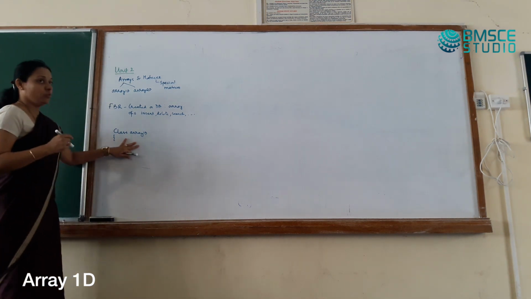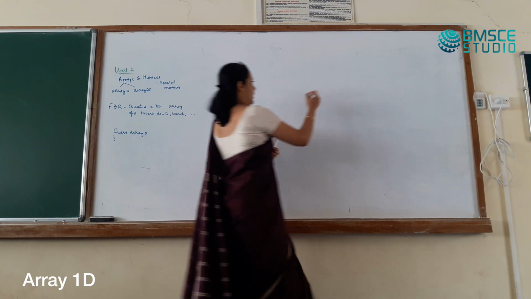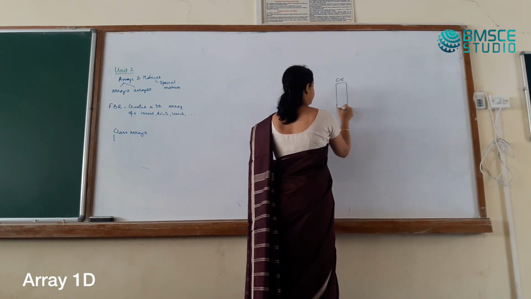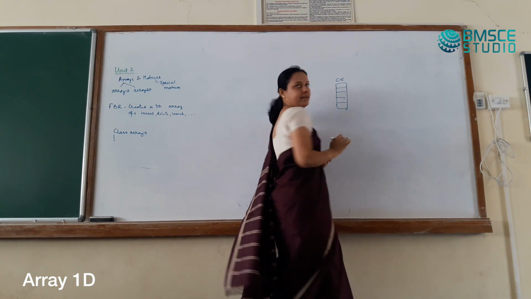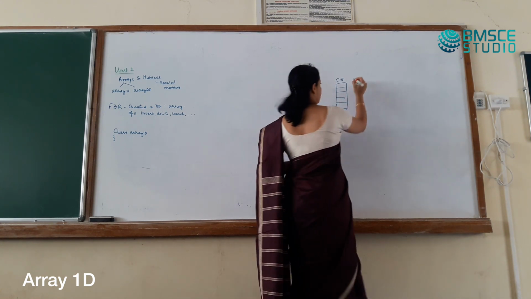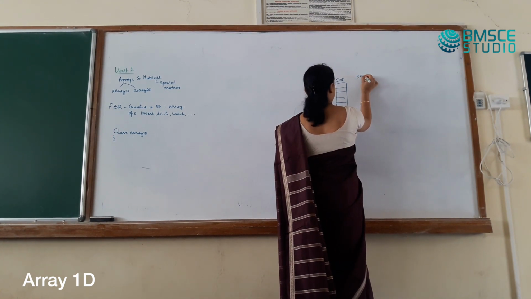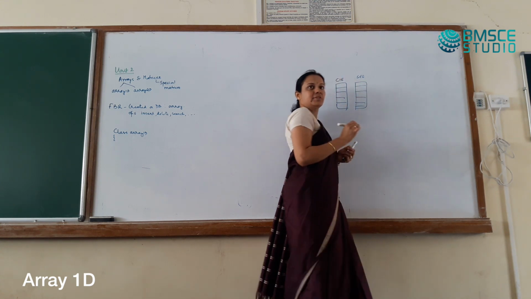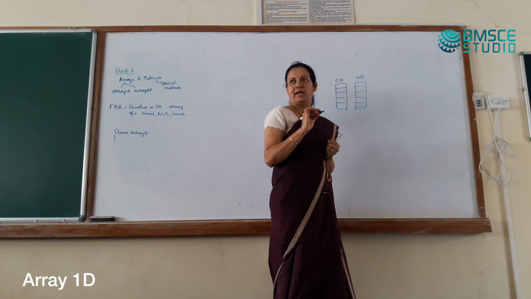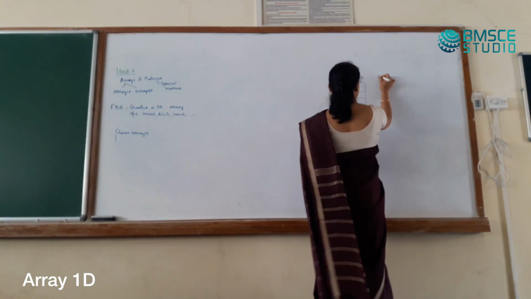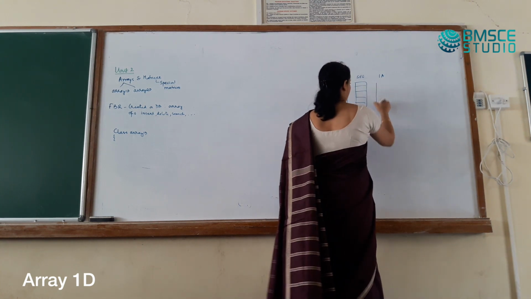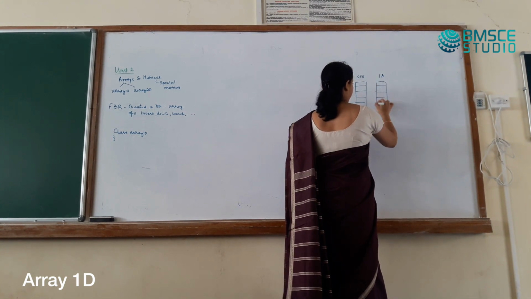Now to understand why this is required, suppose I have stored your CIE marks in an array called CIE. Suppose I have stored your SEE marks in another array called SEE. Suppose I want to compute your total score. When I create an object, automatically an array will be created.